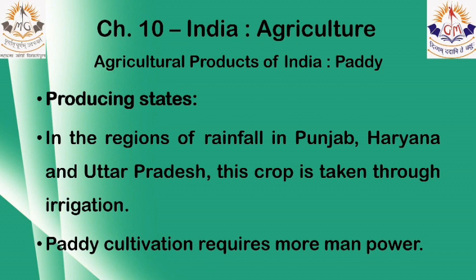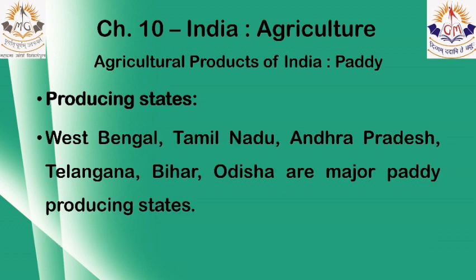So in North India, Punjab, Haryana and Uttar Pradesh, this crop is taken through irrigation. Very important thing, paddy cultivation requires more manpower because it takes a long time, and the plant needs to be submerged in water till they grow. Then after they grow, they have to be put in a line. So lots of manual work is needed over here. So lots of people get employment in the paddy fields.